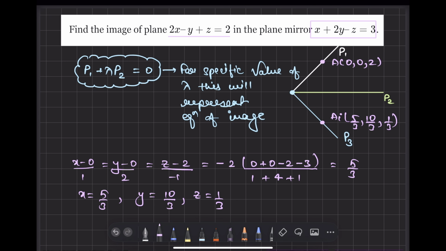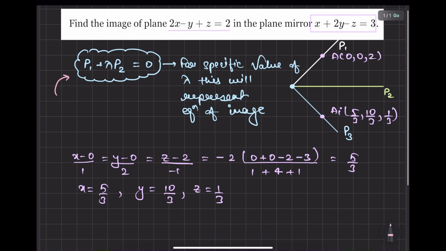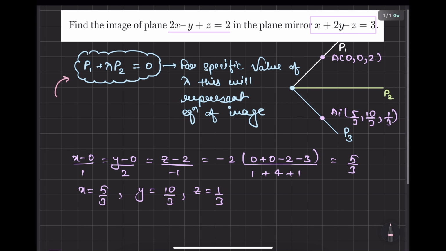How will we do that? You will satisfy this point on this plane. So first write down this equation: P1 plus lambda P2. We will multiply lambda with this equation and add it to plane 1.